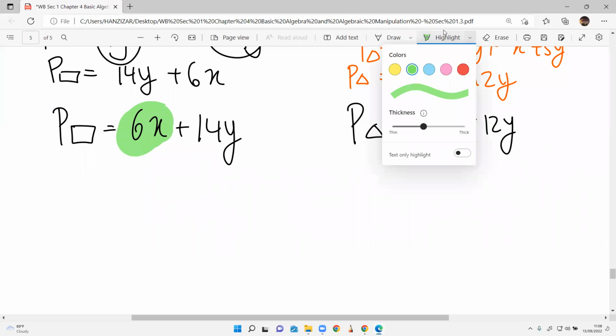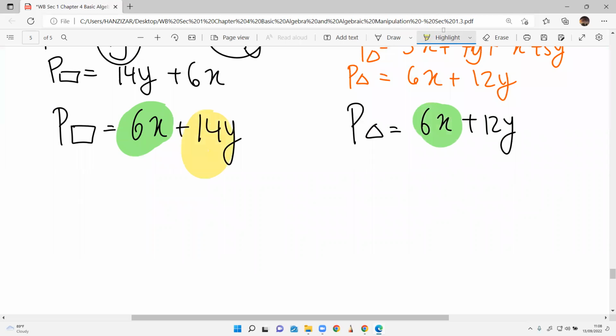But how about 14y and 12y? 14 is bigger. Which is bigger? The rectangle is bigger. There you go. Get it? Okay, if you don't get it, please ask me.